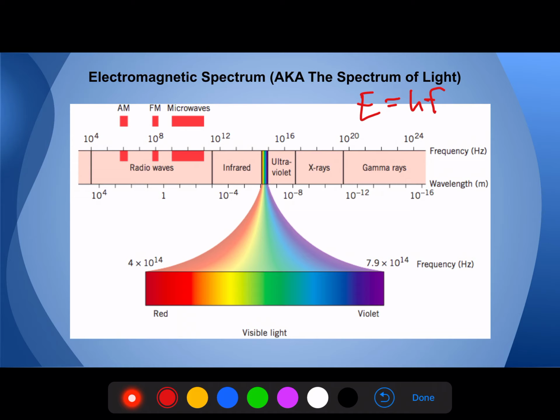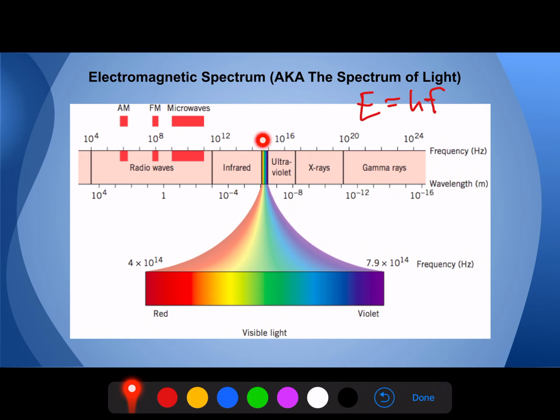But with that knowledge that the energy is proportional to the frequency, we can re-examine this electromagnetic spectrum in terms of energy. So what it's saying is that the electromagnetic radiation down here in the radio end of the spectrum is very low energy because its frequency is very low.